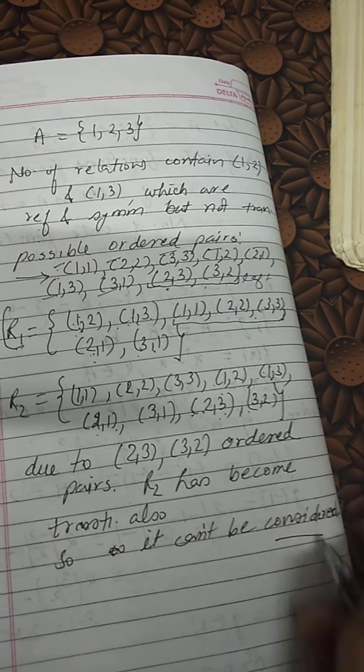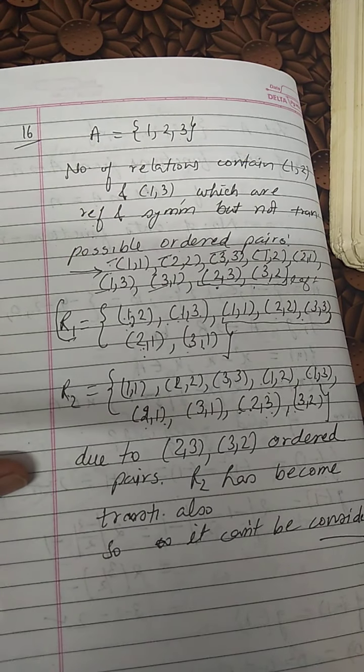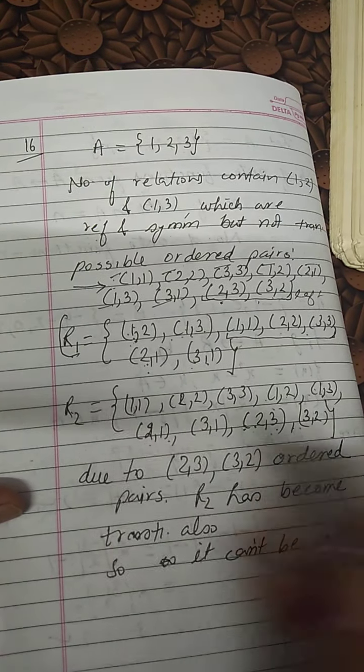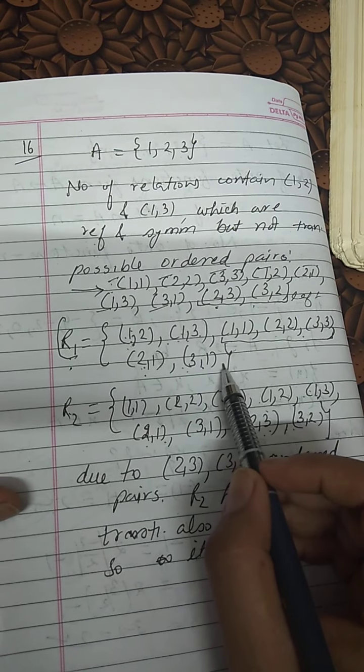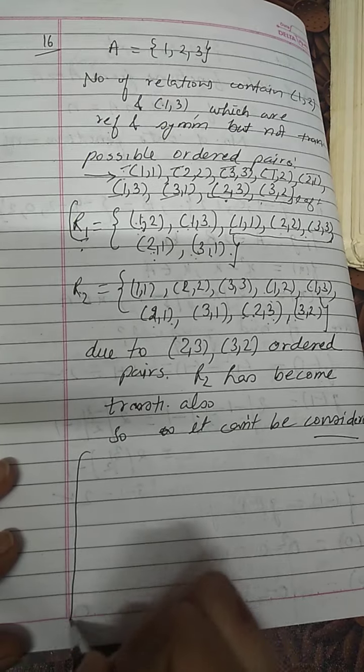It can't be considered. Now, how many relations are we having here which are reflexive and symmetric but not transitive? There is only one relation which is reflexive and symmetric but not transitive. If you want, I can explain here also.